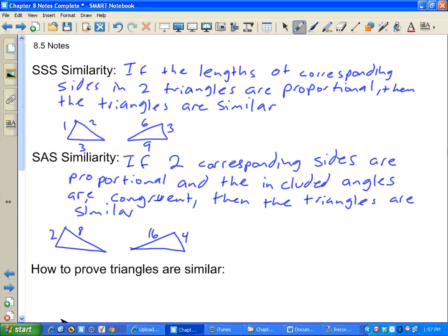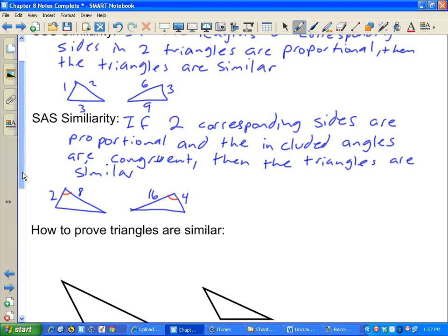And I have the angle that's in between the sides. Okay, it has to be the included angle, the one that's between the proportional sides. Okay, those are congruent. Then I can say that these triangles are similar by the side-angle-side similarity theorem. Okay, if it's not that angle, so if it's this one over here to this one or this one to this one, I do not have similar triangles.